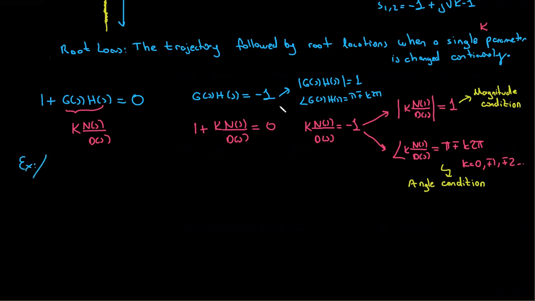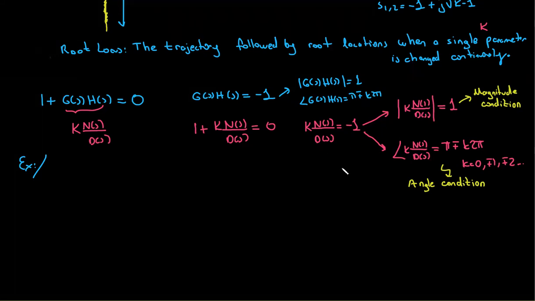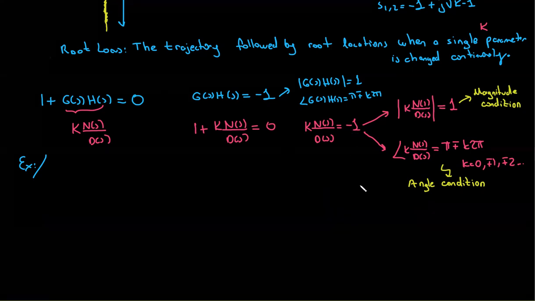So what I am trying to do is solve an equation of complex variables, right? And we are in the complex domain. In order to satisfy both sides of this equation, the magnitude of both sides should be equal to each other, and the angle of both sides should be equal to each other. So the angle of the left-hand side should be equal to the angle of the point -1, and the angle of the -1 vector is equal to pi.